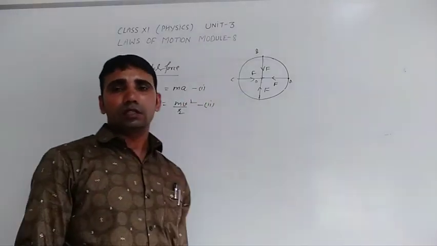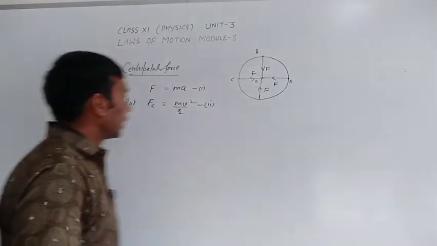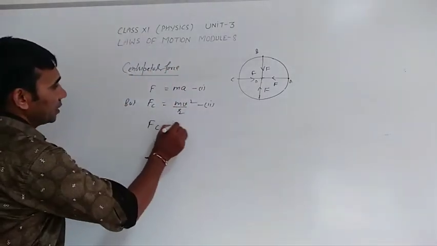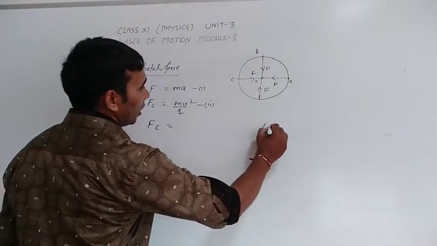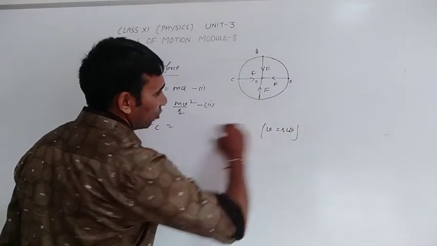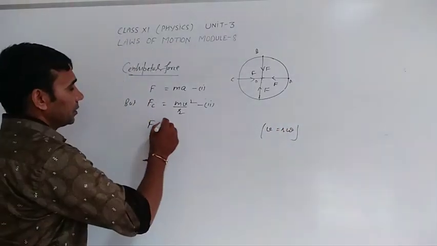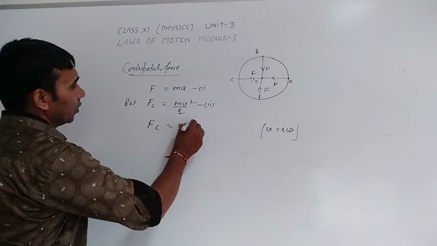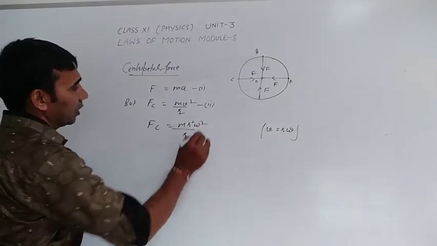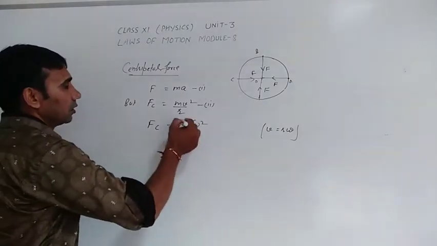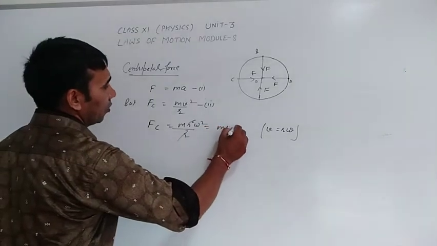Now this centripetal force can be written with v equal to r omega. So Fc equals m r square omega square divided by r, therefore centripetal force equals m r omega square.